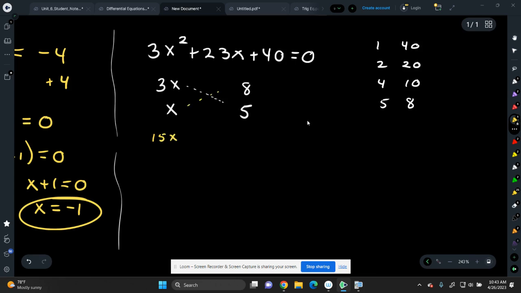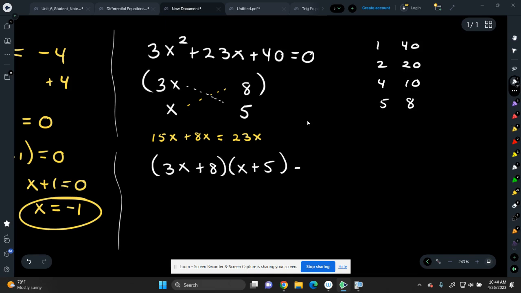And then x times 8 gives me 8x. That adds up to 23x, which means it's correct. So that means my factors, they go straight across. So we have 3x plus 8, x plus 5 equals 0. So we're right back to the same thing again. It was just a little harder to factor.